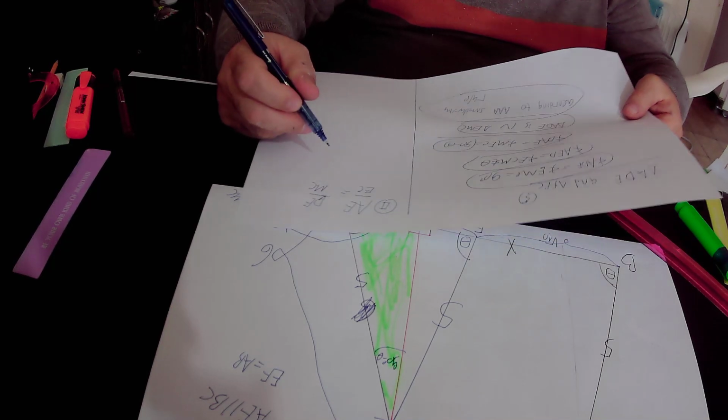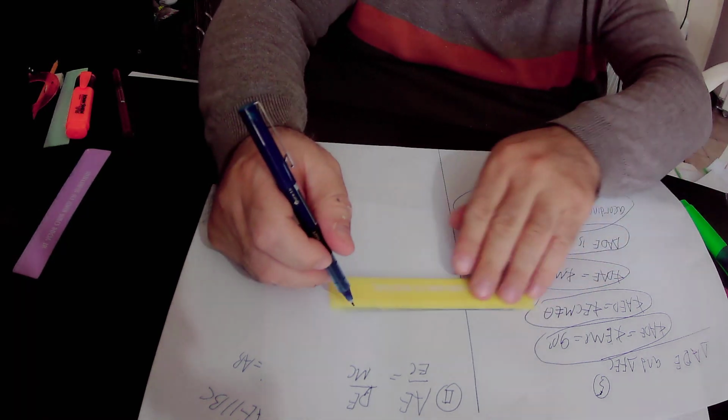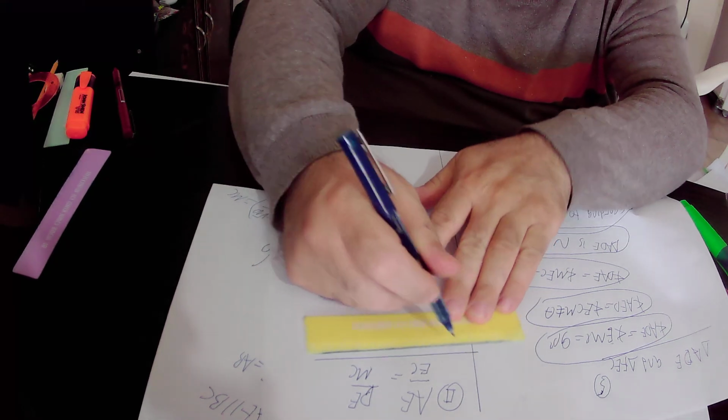I'll repeat again, from the fact that the two green triangles are similar, we will derive that AE over EC equals DE over MC.